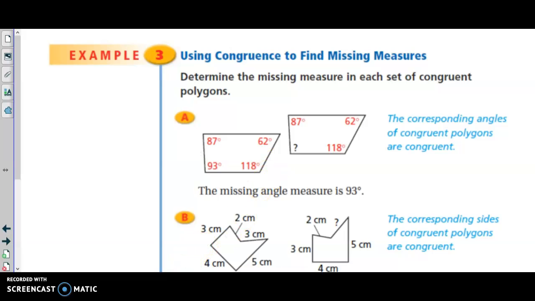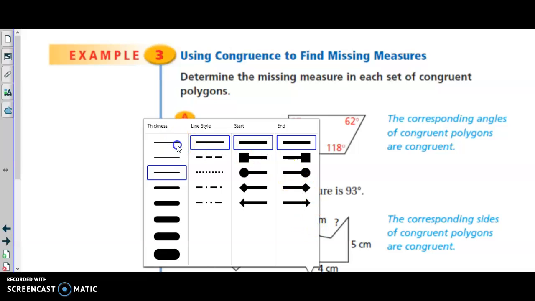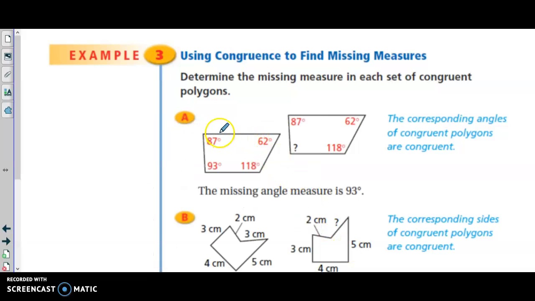Let me make some notations here. This angle right here, 87 degrees, is paired up with this angle here. Notice the notation too. I've identified the arc of the angle and put 1 dash. That means these two angles are congruent. Here I have another pair of corresponding angles.